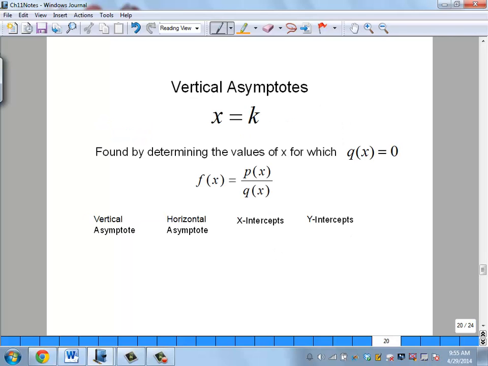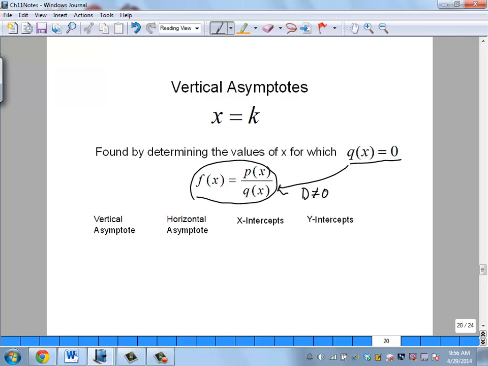Let's talk about vertical asymptotes. So first of all, we have this rational function, here it is right here, and we want to find the vertical asymptote. Well, you find the vertical asymptote by determining the values of x for which q of x equals 0, which is what I alluded to earlier, your denominator cannot equal 0.